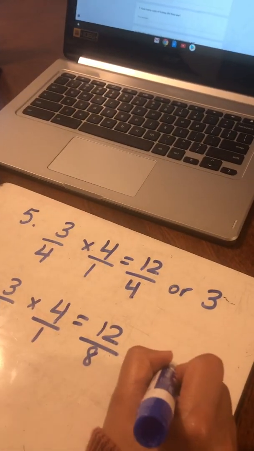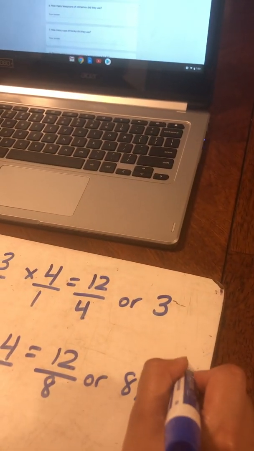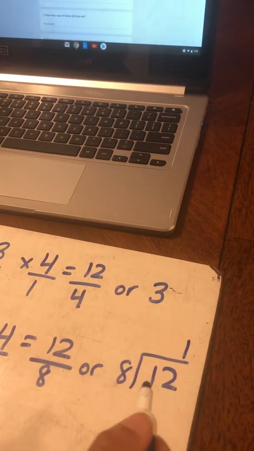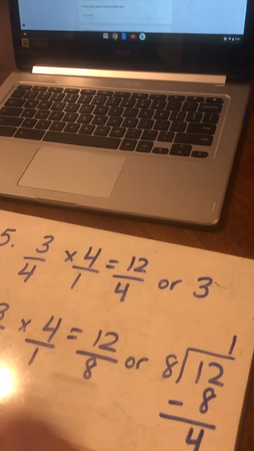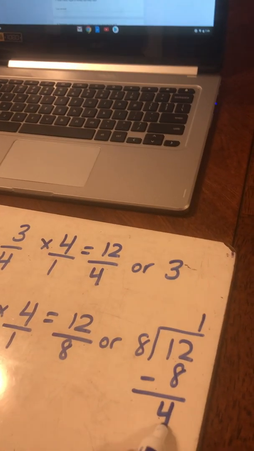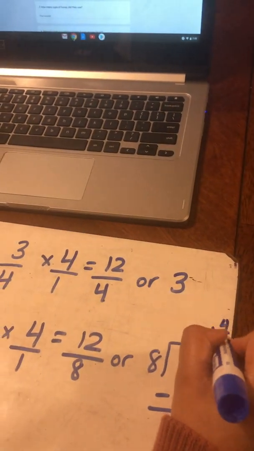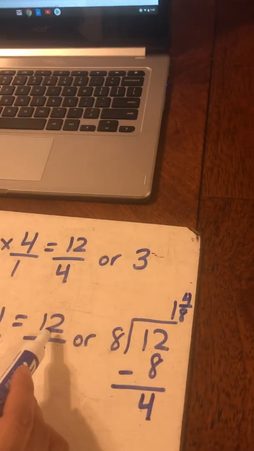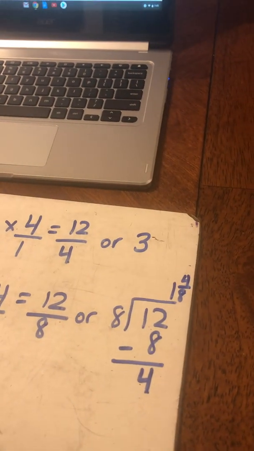Or you can divide 12 divided by 8. And 8 goes into 12 once. 1 times 8 is 8. Subtract. My remainder is 4. So remember, I take my remainder and I put it over my divisor. Okay, so the answer is 12/8 or 1 4/8.